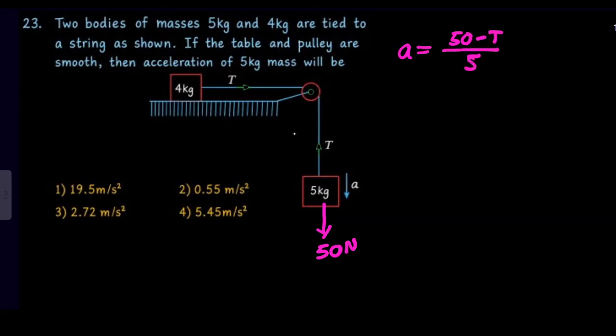Now for this block, this block also will move like this only, na. So for this block the acceleration is how much? T by 4. Equate those two simply. Then we'll get the T value, and after that we'll get the acceleration.